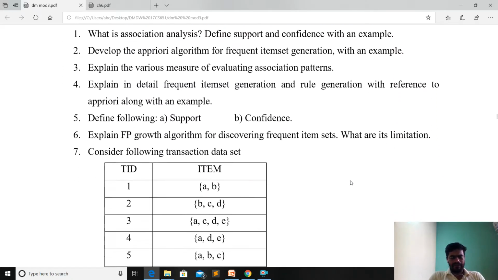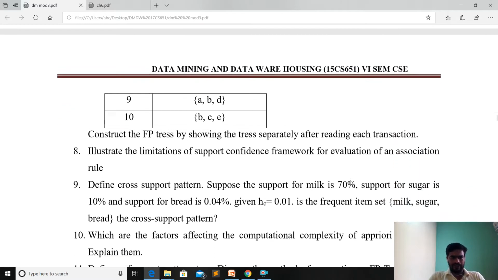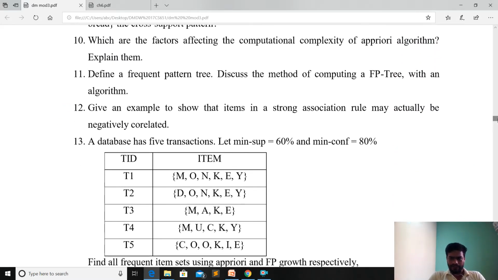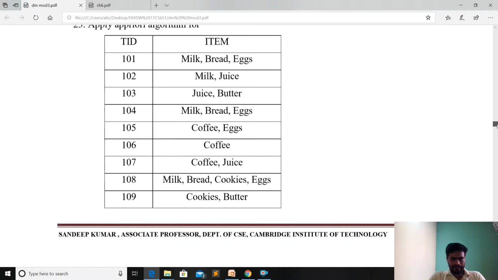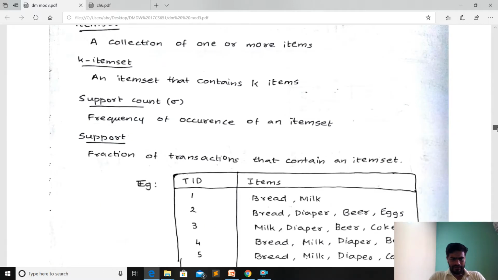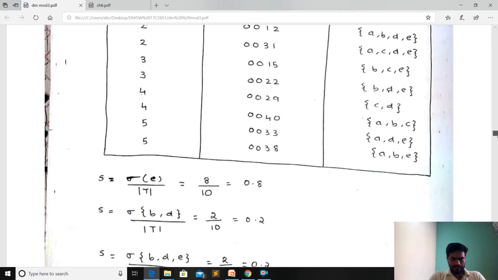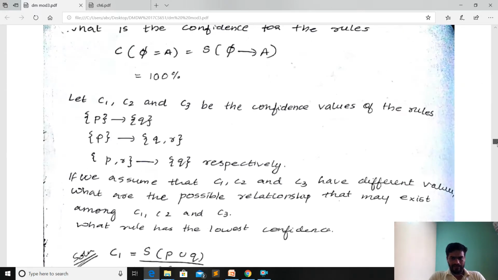You can refer to these question banks for the final exams as well as for the internals. These are all solved examples available. You can solve these solved examples one by one. If you have any doubts, you can contact me.